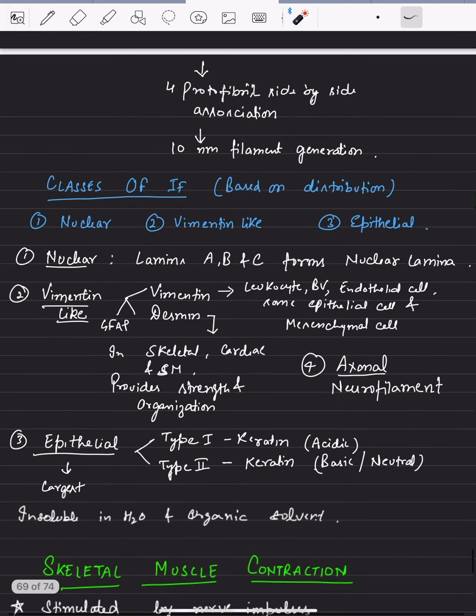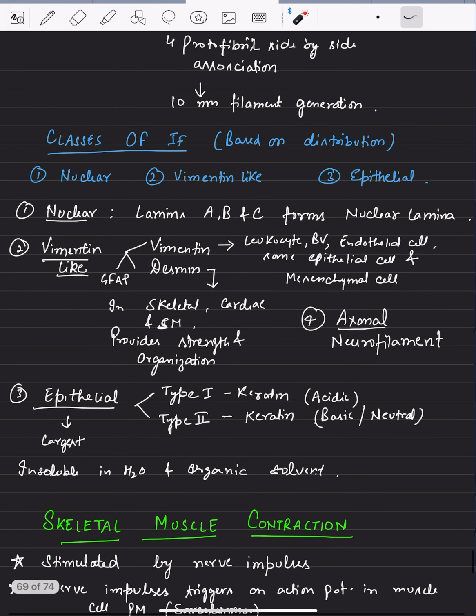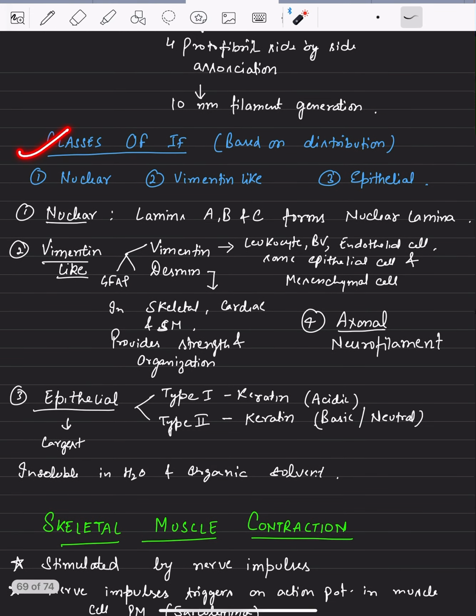So next is classes of intermediate filament. Different classes are there, they are classified on the basis of distribution. So the very first is nuclear, then vimentin like, and the epithelial. In the nucleus we observe a nuclear lamina.